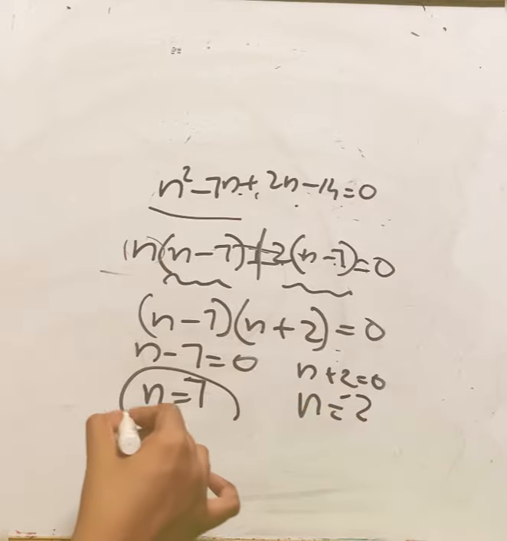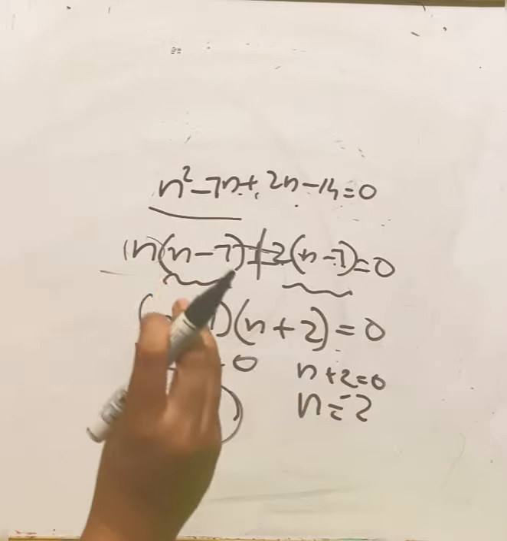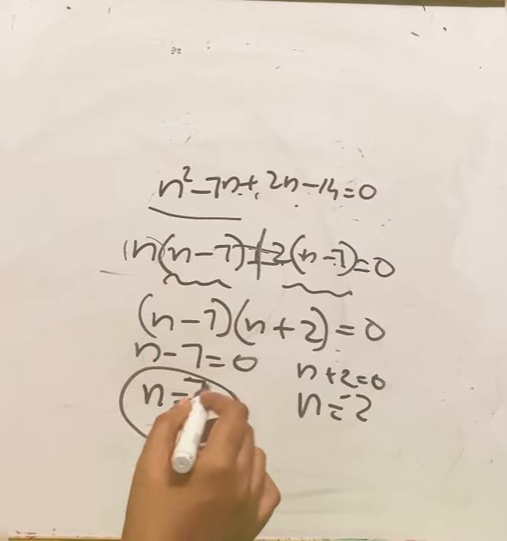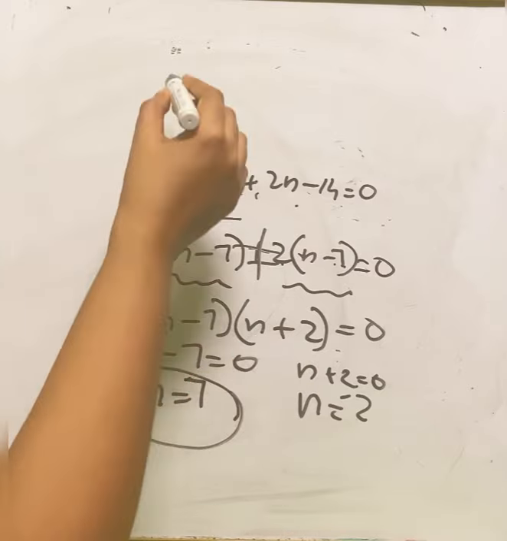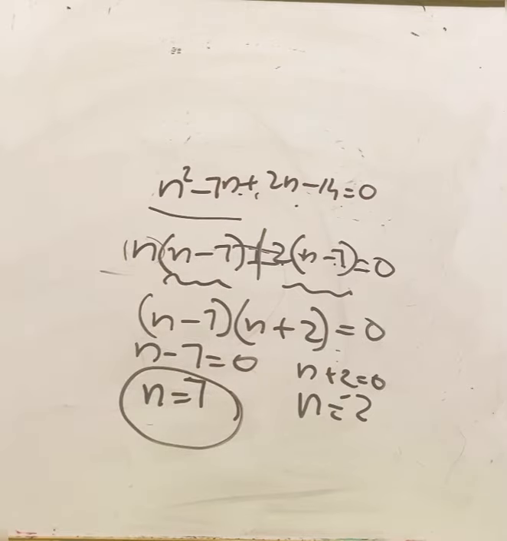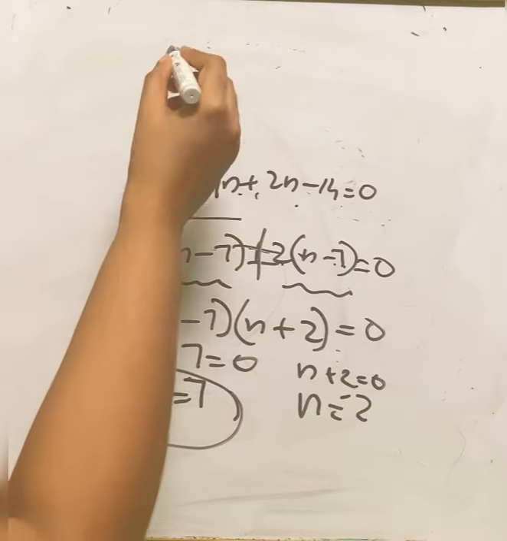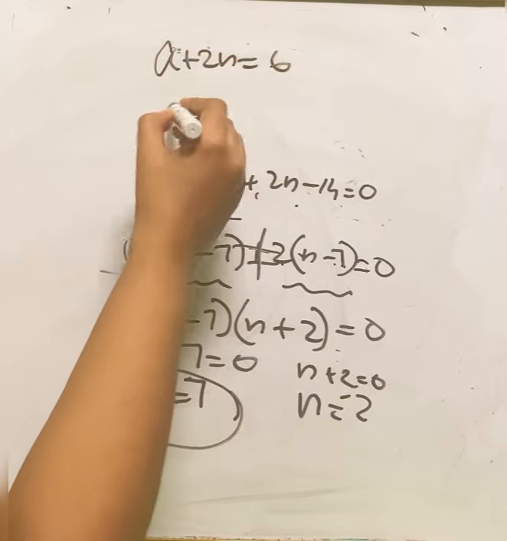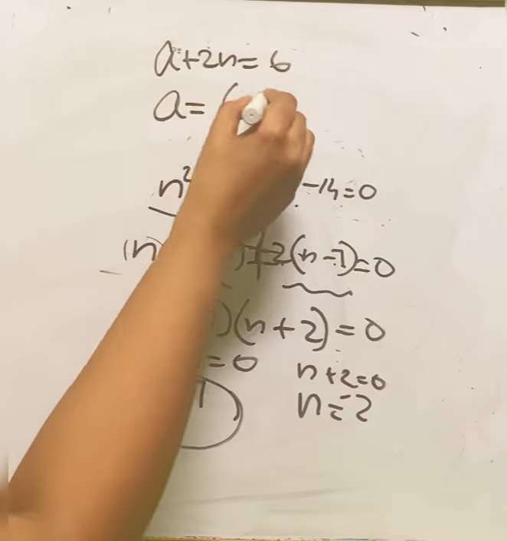We will consider the positive value because a number will always be positive. n is representing a number. So n equal to 7. Now we have n equal to 7 and one more equation we rewrite from the first equation. The first equation was a plus 2n equal to 6, and we rewrite it as a equal to 6 minus 2n.